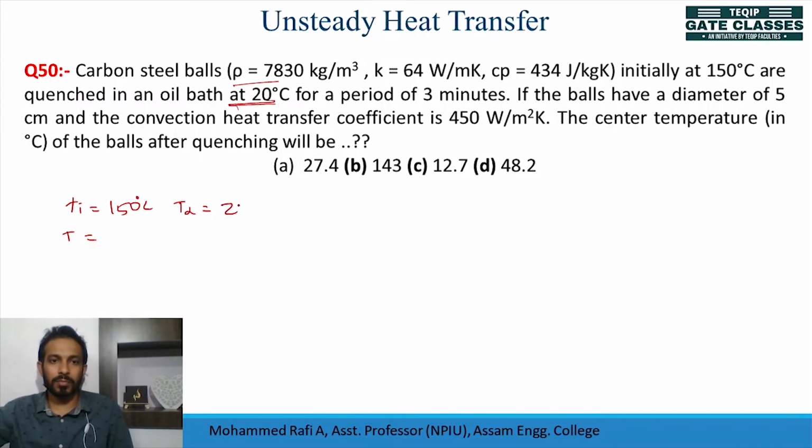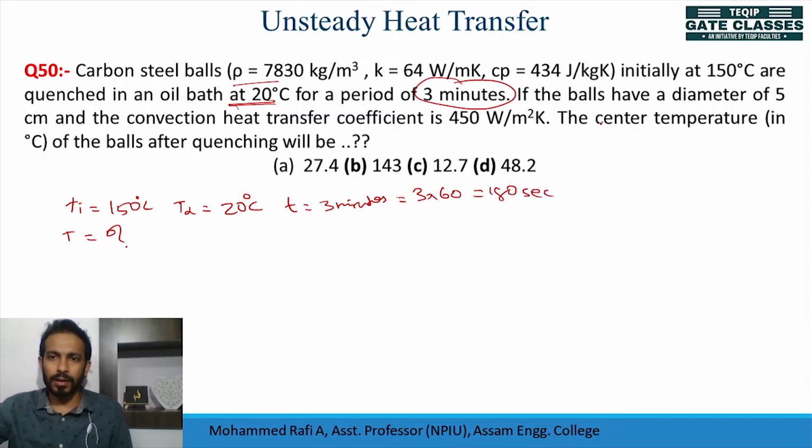So the surrounding temperature is 20 degrees Celsius, and we have been asked to find the final temperature after a time period of 3 minutes, right? So 3 into 60, 180 seconds. And the diameter of the ball is given: D is 5 centimeter or 0.05 meter. So all the parameters are given. Let's try to solve.